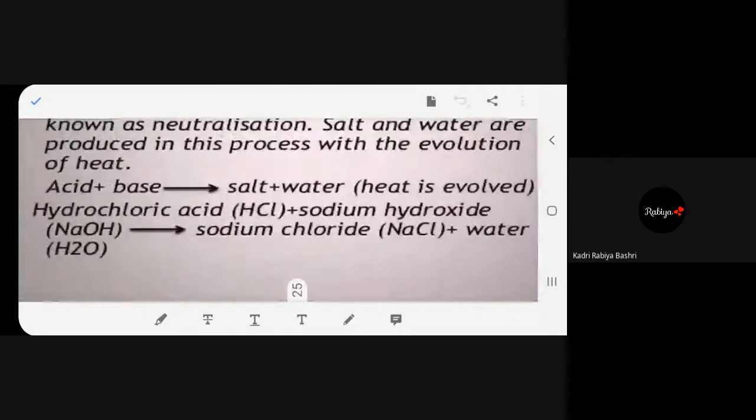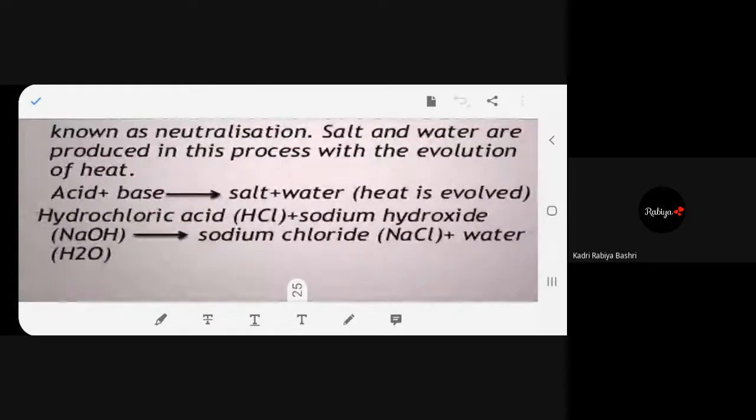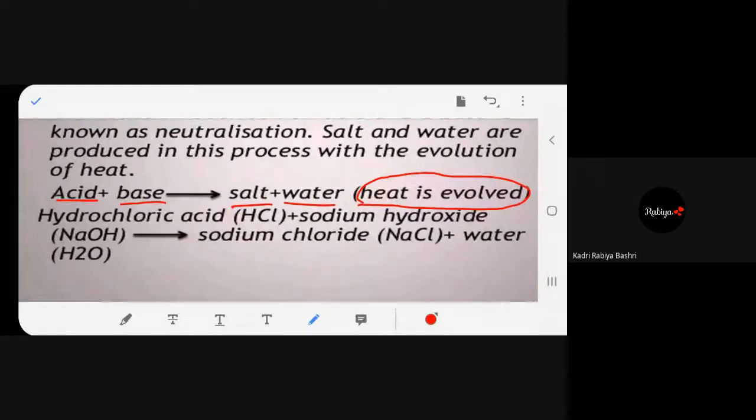Now see, the reaction: acid plus base. So what do we get, Peter? Salt and water. And heat is evolved. Let's say this HCl is an acid. The base is sodium hydroxide. The salt is sodium chloride. Water is water.